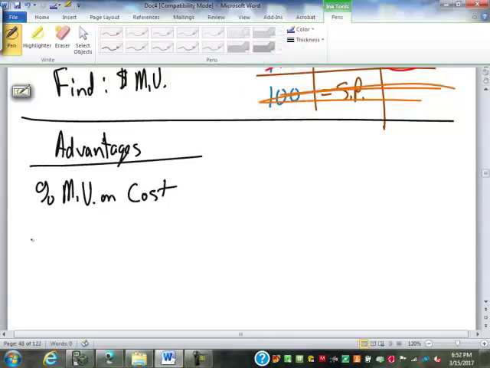I mean, the merchandise comes in, you find the percent, calculate the percent of the cost and add it on, and it's there. It's easy to do, easy to find the selling price. I mean, the percent markup on cost just makes sense. Whatever it costs you for the item, you find a percent of it and you add it on. It seems like the logical way of doing it.